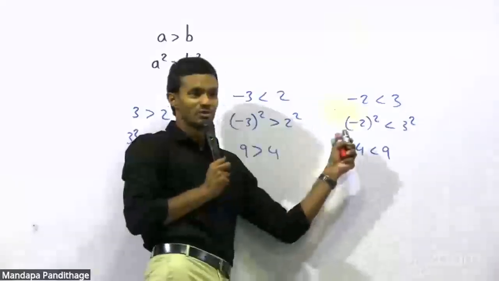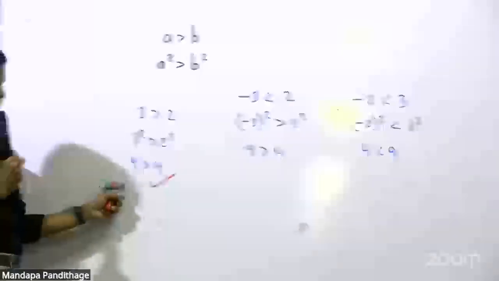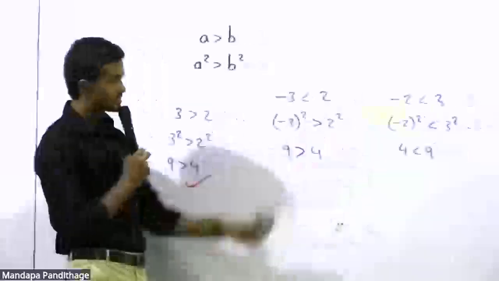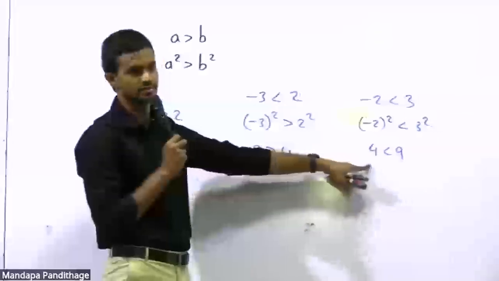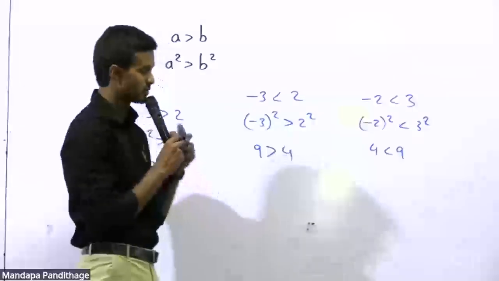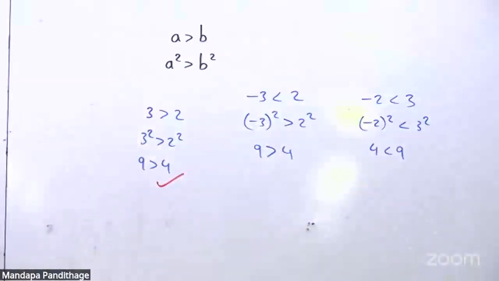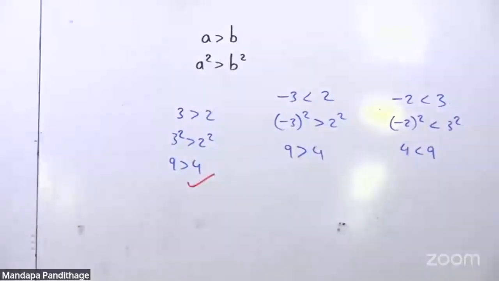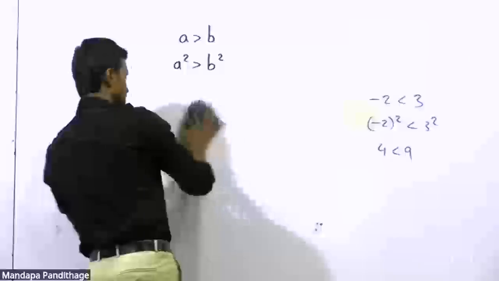So here, now you must be thinking, okay, I made my own assumption that when it is negative, the sign changes, but the same thing happens: it is negative, but the sign doesn't change. So now there are no assumptions like this. There is only one rule about squaring an inequality. The rule is, look at this.